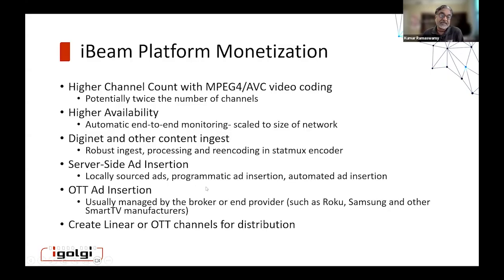You can ingest these ads and insert them wherever the avails are. Or if you've created your own programs, then you know where the avails are, and you can insert these programmatically. And this can be done inside the encoder, and ideally it should be done inside the encoder.